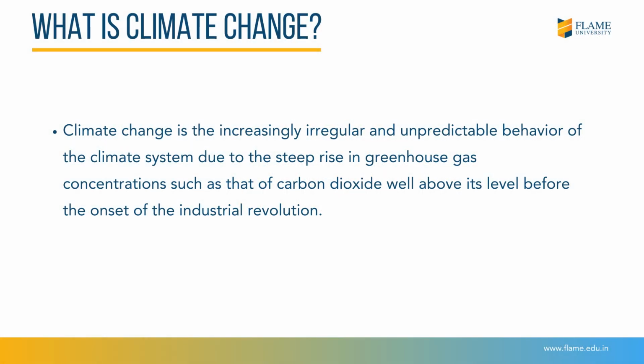As we learnt in the previous module, climate change is the increasingly irregular and unpredictable behavior of the climate system due to the steep rise in greenhouse gas concentrations, such as that of carbon dioxide, well above its level before the onset of the Industrial Revolution. This steep rise in greenhouse gases has been caused by the large-scale untrammeled combustion of carbon-heavy fossil fuels such as coal, petroleum, and natural gas.